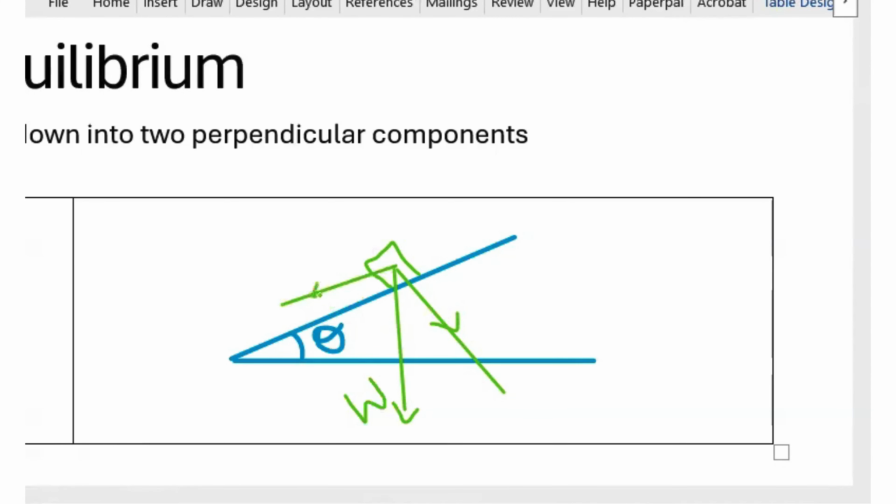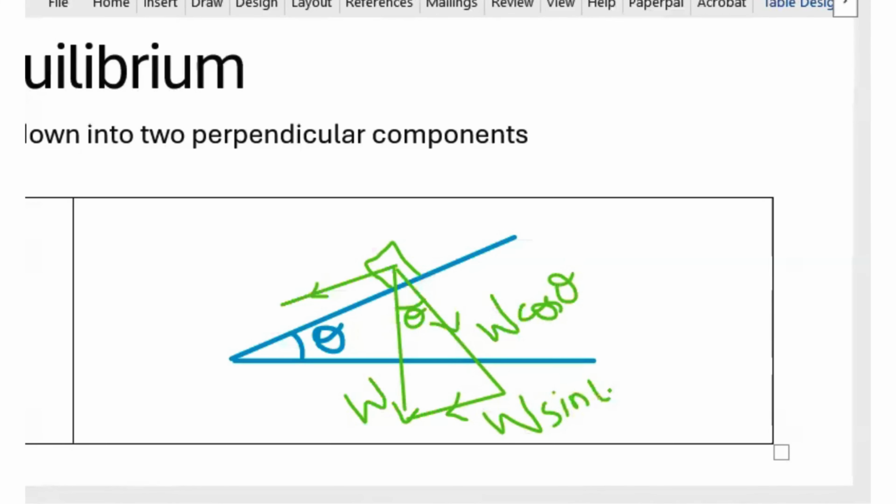I'm drawing the one that is parallel to the slope over here. Just for the sake of drawing, if this angle is theta, this angle is also theta. So this force is W cos theta, using a simple right angle triangle, and this is W sin theta.